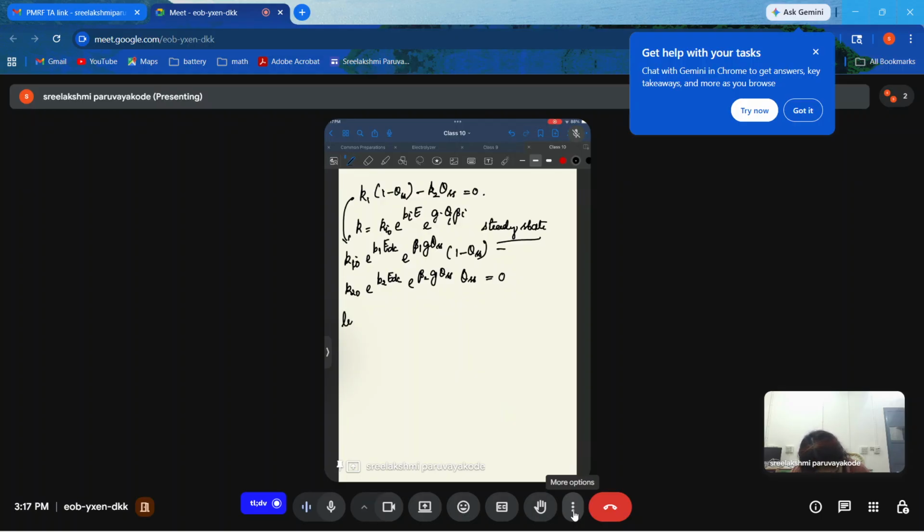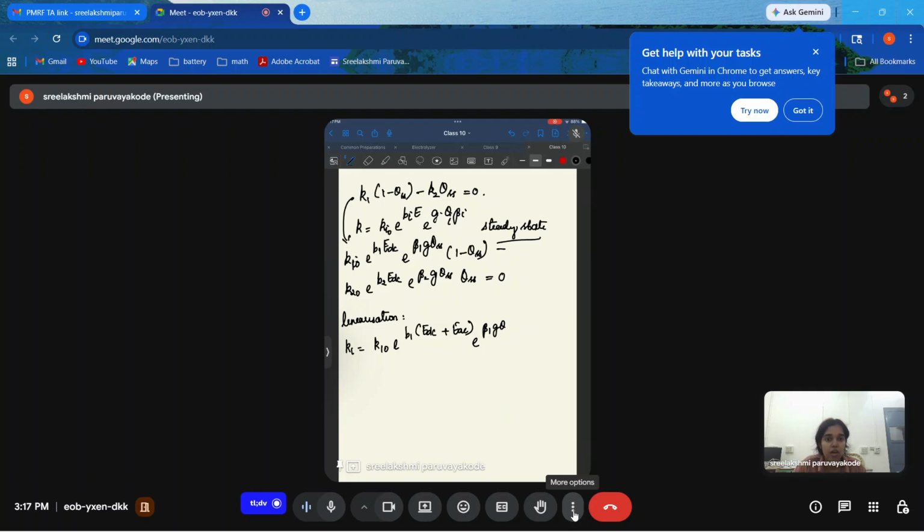Now what we can do next is linearization. So K1 equal to K1 naught exponential B1 (EDC plus EAC) exponential of beta1 G theta. Now, how can I linearize it?